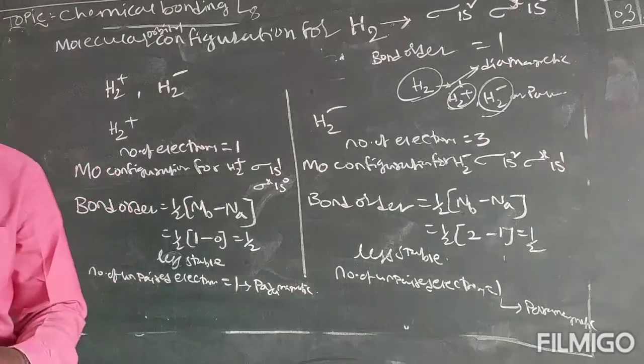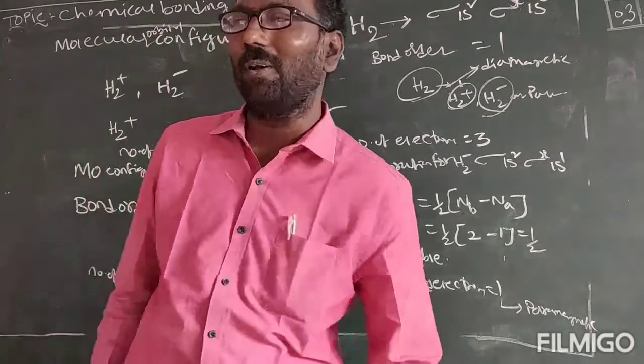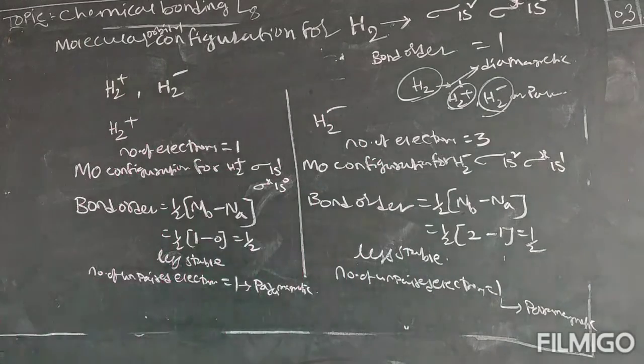These points you can write by knowing all these things. Okay, hope you have understood how to write the molecular orbital configuration for a given element. Still, if you have any doubts, you can ask me.